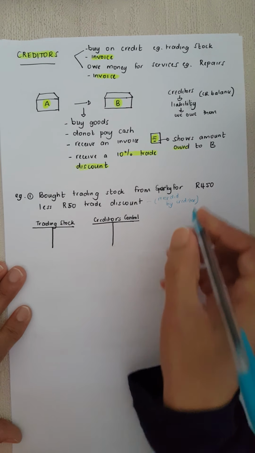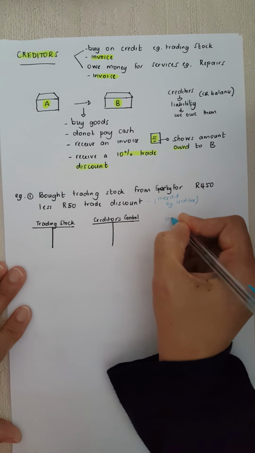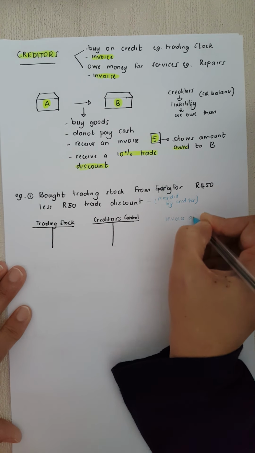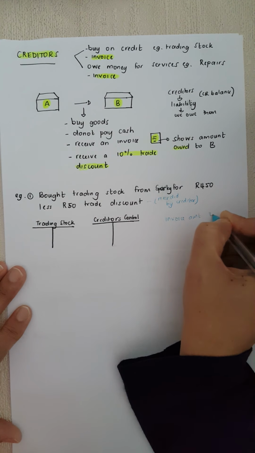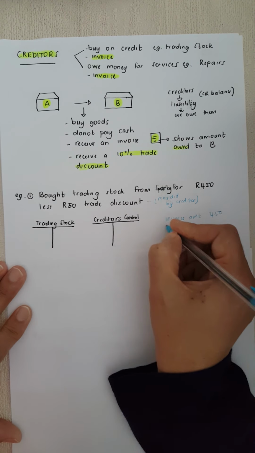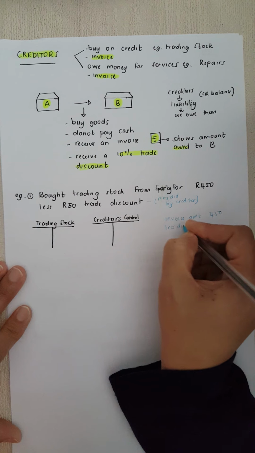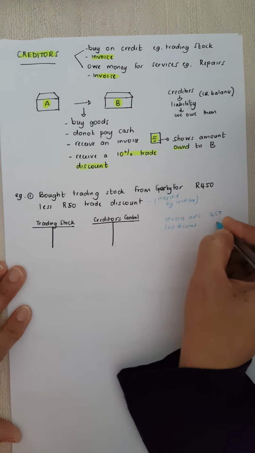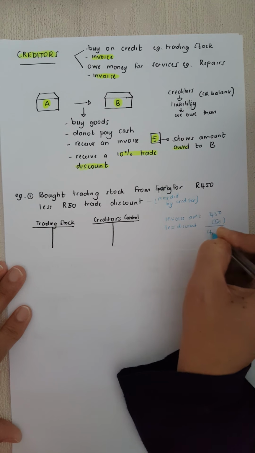We just take the invoice amount, which would be 450 Rand less the discount, which is 50 Rand, and we are only going to record this 400 Rand.